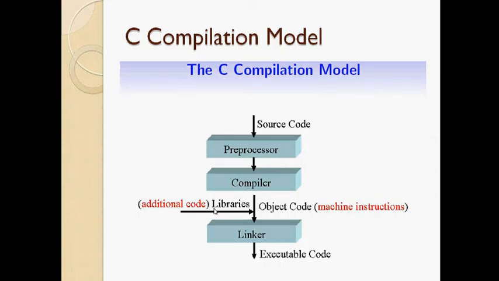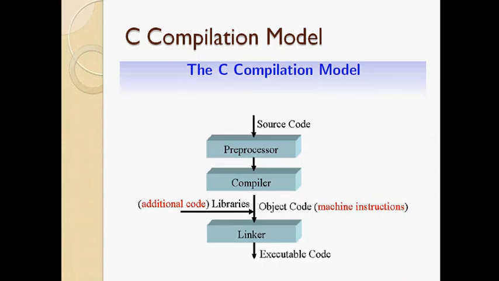Certain libraries are supplied by the compiler, or additional sources. It converts into object code, you can say binary machine code. After this there is a process called linking, which makes it an exe file. Now the exe file is ready to execute. So this is how the C compilation model works.